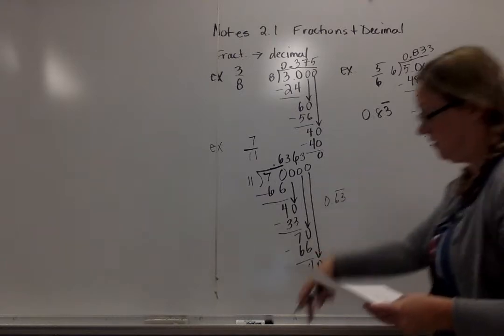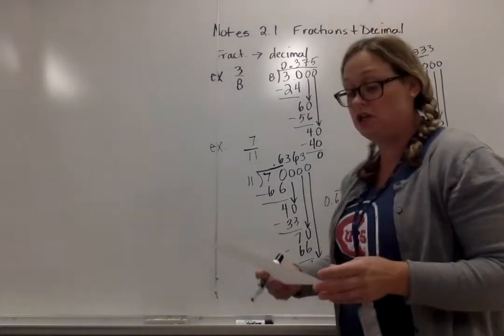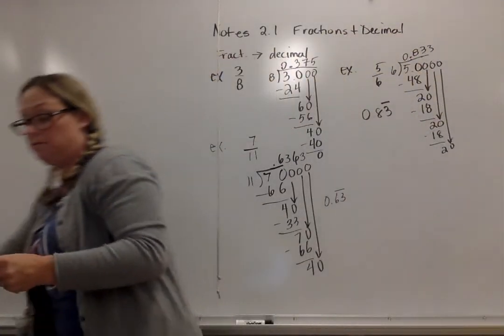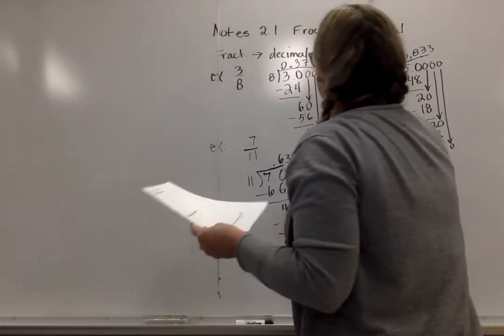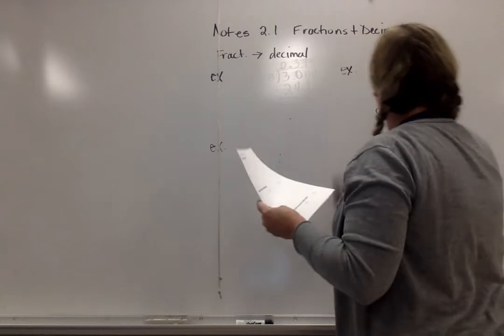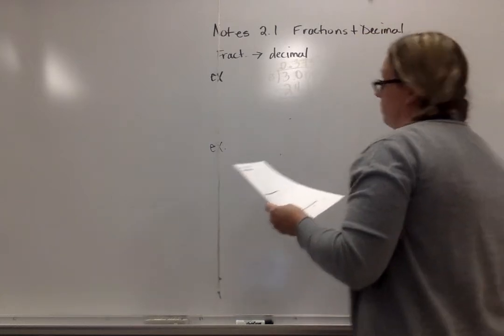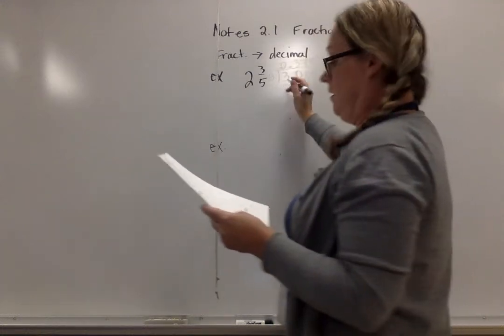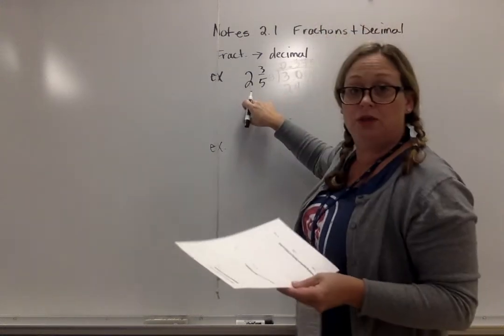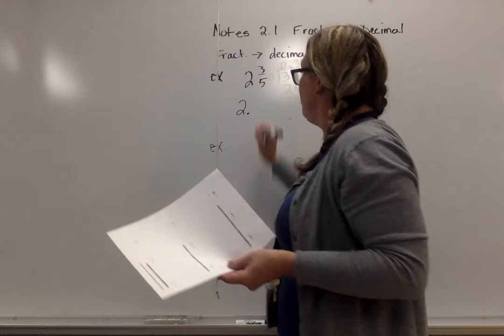All right, the next one. We're going to be changing mixed numbers to decimals. It's going to be the exact same thing, but there's a whole number up front. So this next one is 2 3/5. Oh, that's a 2, so it's going to be 2 point something.